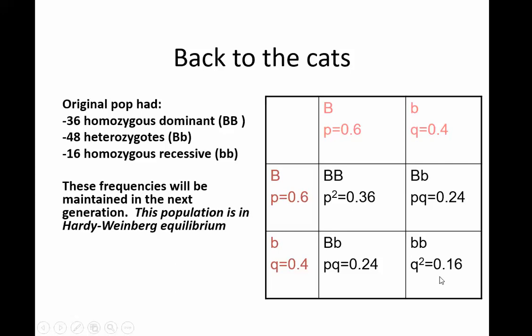So this population is in Hardy-Weinberg equilibrium because the allele frequencies didn't change. And that's always going to be the case when we're applying these formulas, because we are assuming that there is no evolution, that the allele frequencies are not changing.